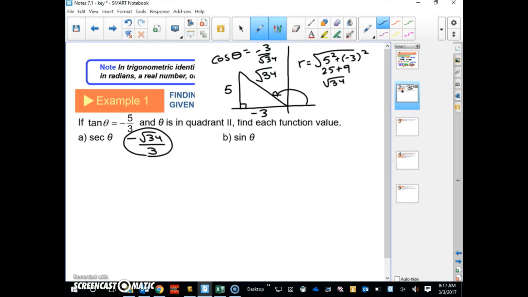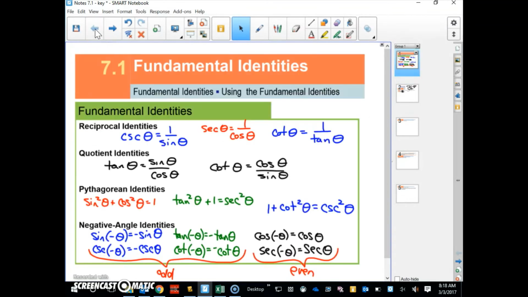Okay? Now, that being said, that's not what this chapter is about. And so we're really not supposed to be drawing that picture. We're supposed to be using those identities. Okay? And so, in order to use those identities, you're looking at what you know and what you want to know. If I know tangent and want to know secant, we've got to go back and look at those formulas and try to find a formula that has those two functions in it.